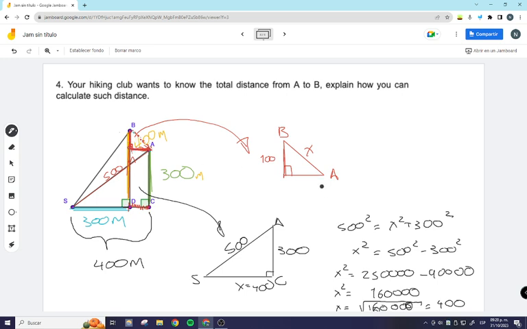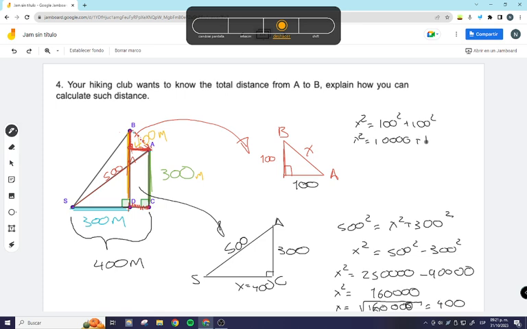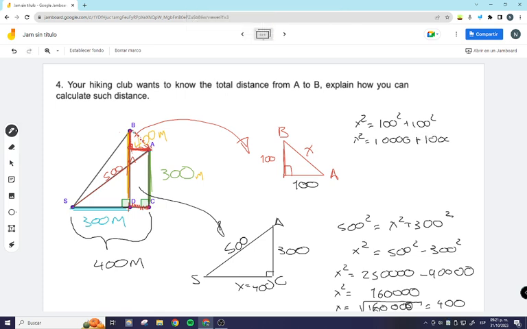Therefore, this one is also 100. And now we can do the Pythagorean theorem. Okay? X squared equals 100 squared plus 100 squared. So x squared is 10,000 plus 10,000. Yeah, so x squared is 20,000.